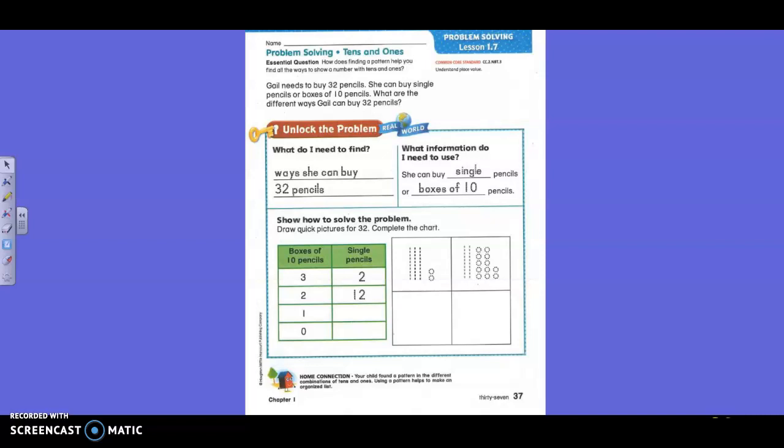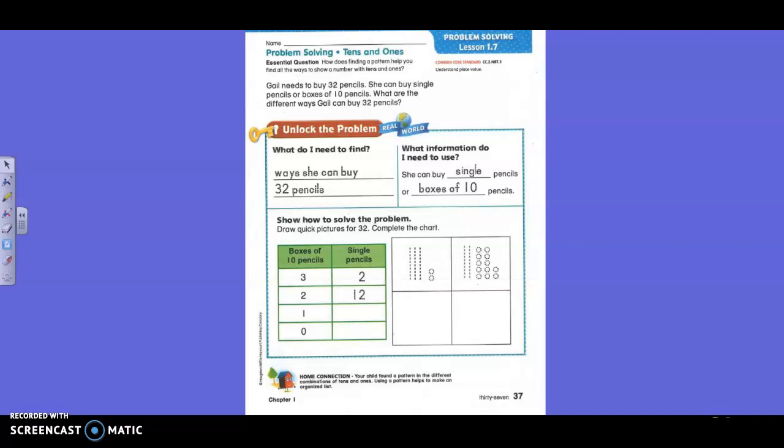Right, let's read it. Gail needs to buy 32 pencils. She can buy single pencils or boxes of 10 pencils.